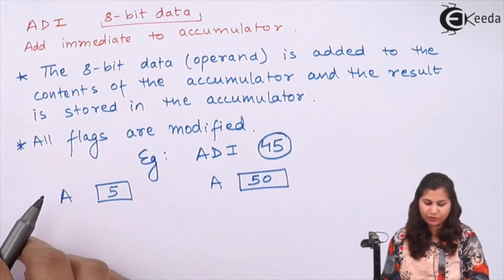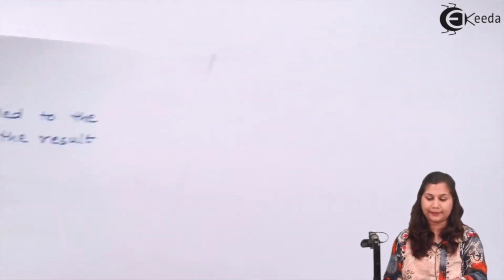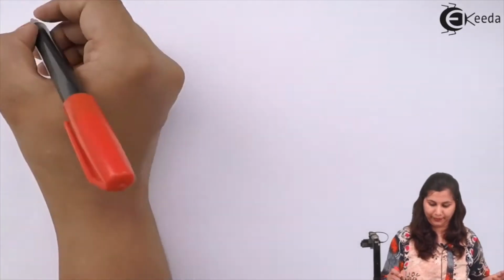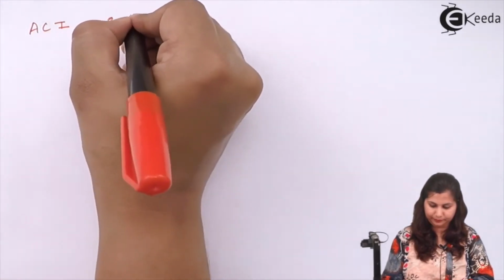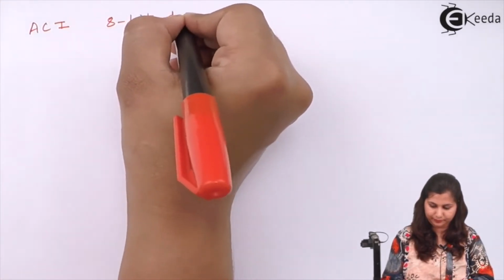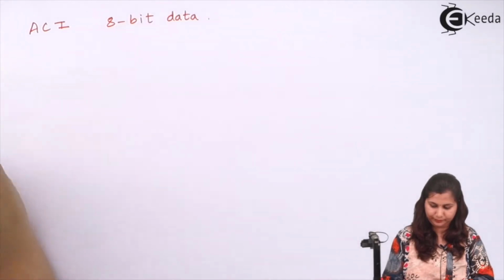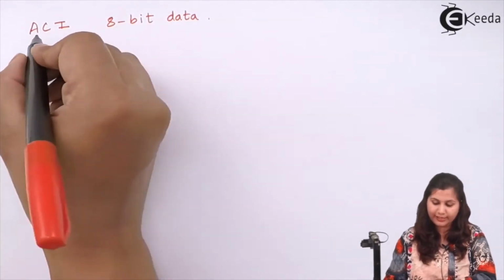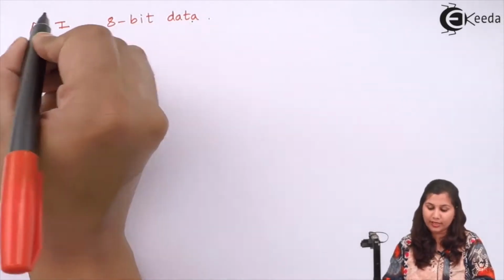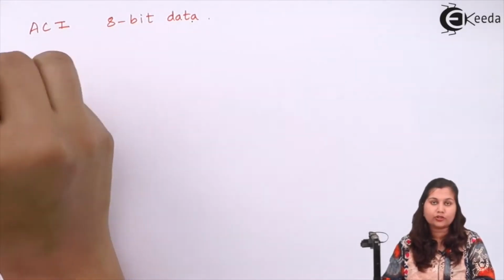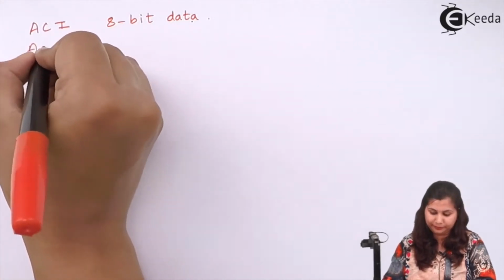Now the next instruction is ACI. This instruction is add the immediate data which is given in the instruction along with the carry to the accumulator.